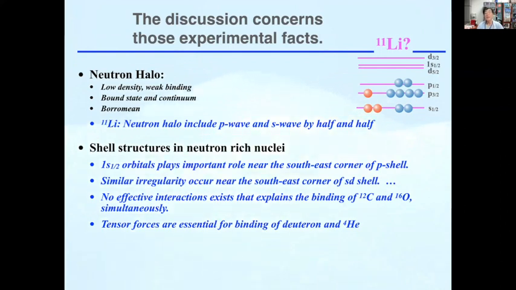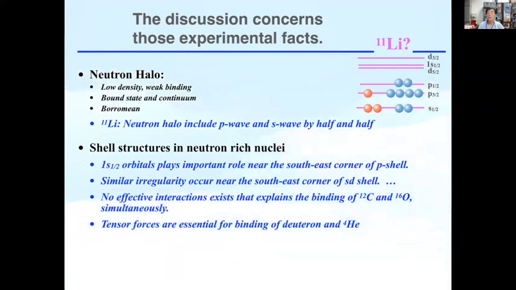But a similar irregularity occurs near the southeast corner of the SD shell also. You know the anomaly of the disappearance of the magic number 20 and such things. It's also the southeast corner of the major shell.